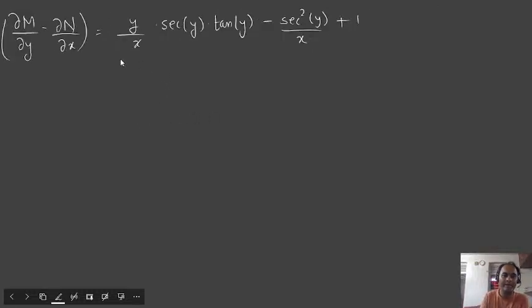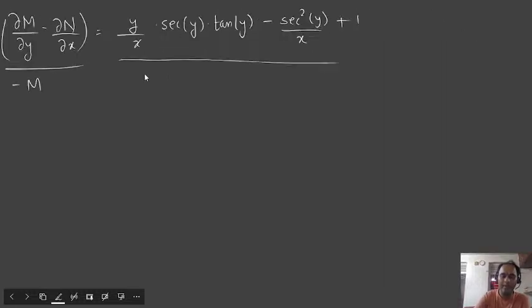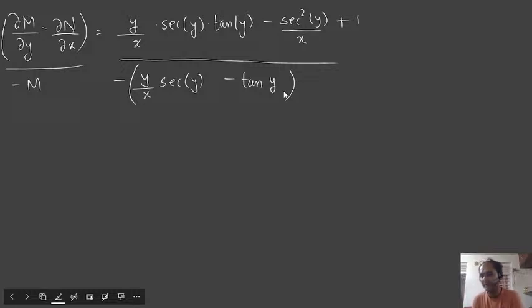Now we are dividing it by minus of M. Minus M we are taking, and M has a minus sign, and M is (y/x) sec y, and tan y is there, minus tan y. Now we need to handle this very carefully.